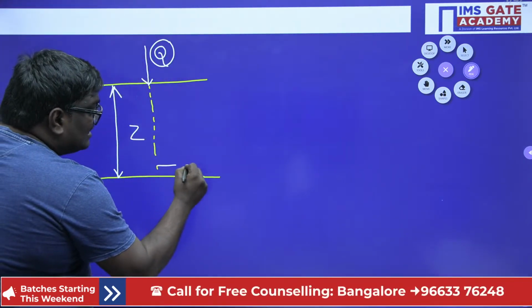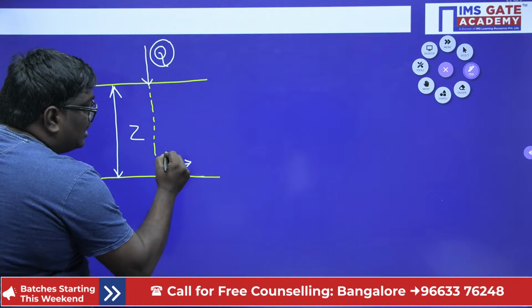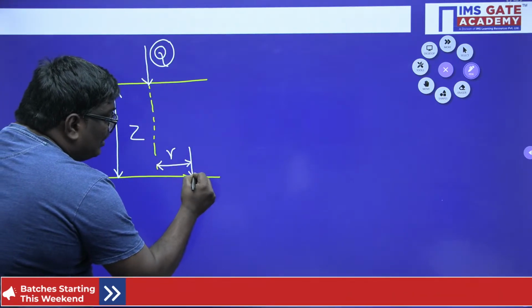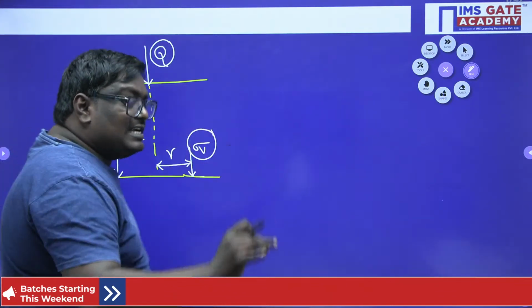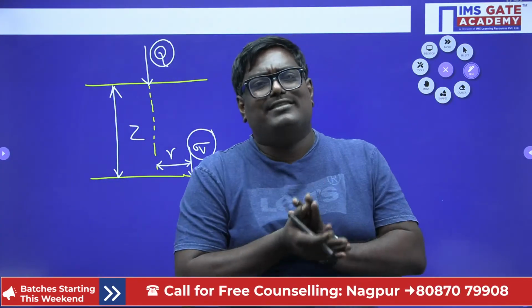And if you consider the stress at a radial distance r, we have to calculate what is the vertical stress. So the agenda of Boussinesq's theory is simple, my dear students.